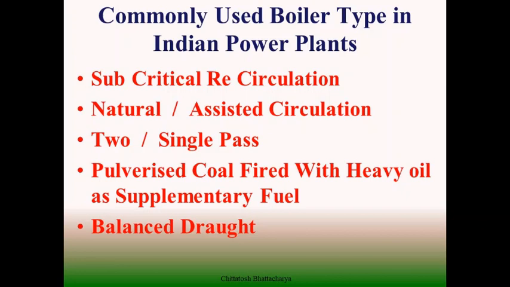In subcritical, there may be natural or assisted recirculation, and double pass or tower type boilers, and in maximum cases, in fact 90% of cases, you will find pulverized coal fired with heavy furnace oil as supplementary fuel, and all the heavy duty plants have balanced draft systems.